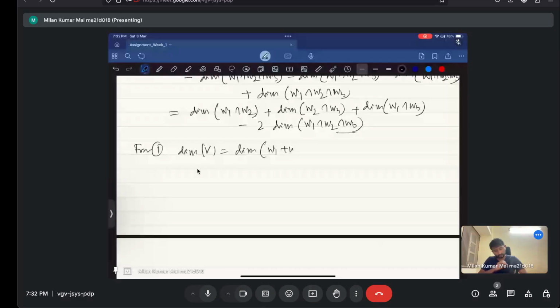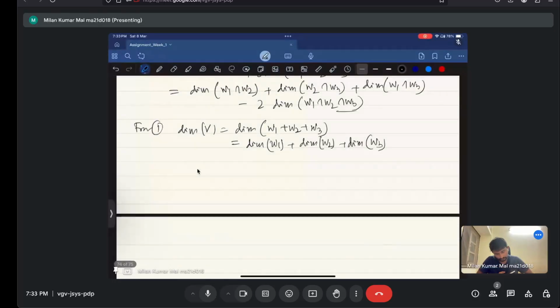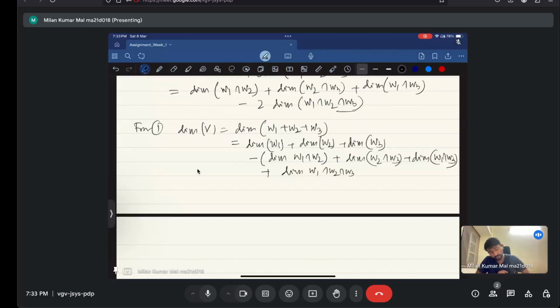This is equal to dimension of W1 plus dimension of W2 plus dimension of W3 minus dimension of W1 intersection W2 plus dimension of W2 intersection W3 plus dimension of W1 intersection W3 plus dimension of W1 intersection W2 intersection W3.